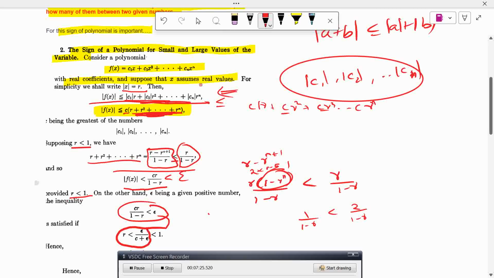And this number, epsilon by c plus epsilon, is clearly less than 1, right? If the denominator is greater than the numerator, it will be less than 1. Okay, so let me rub this for a second.